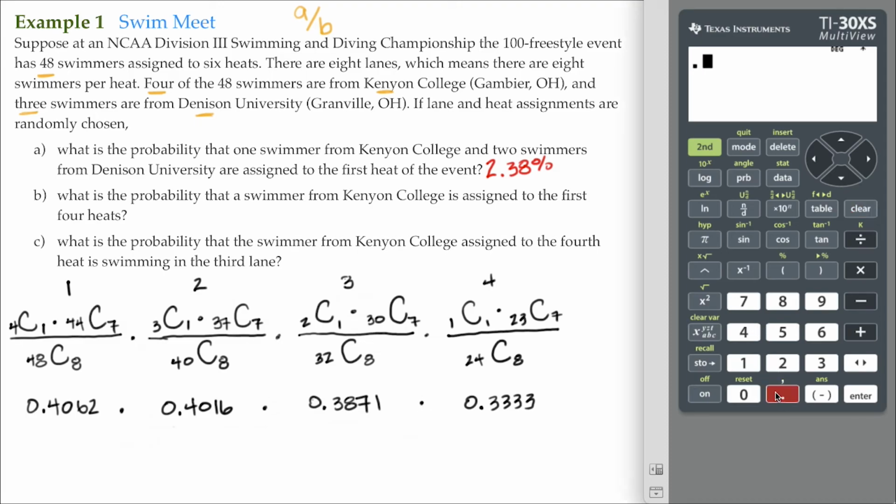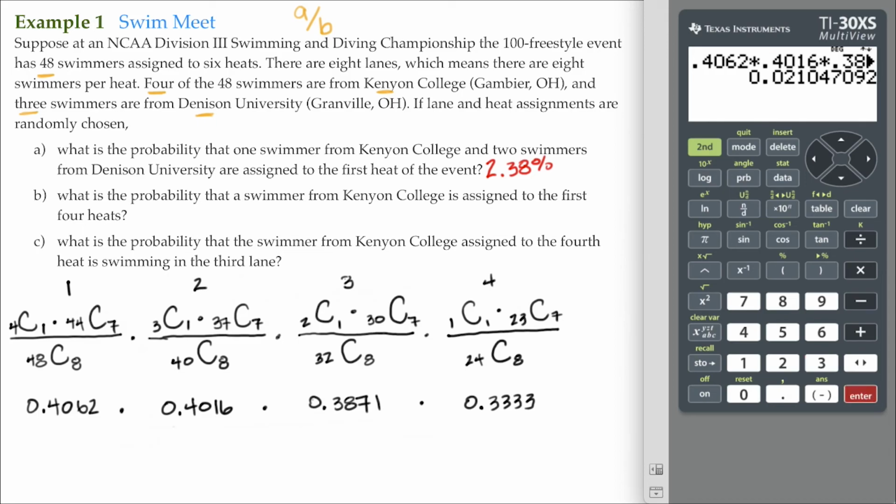So I'll do 0.4062. That's this right here. Times 0.4016 times 0.3871 times 0.3333.